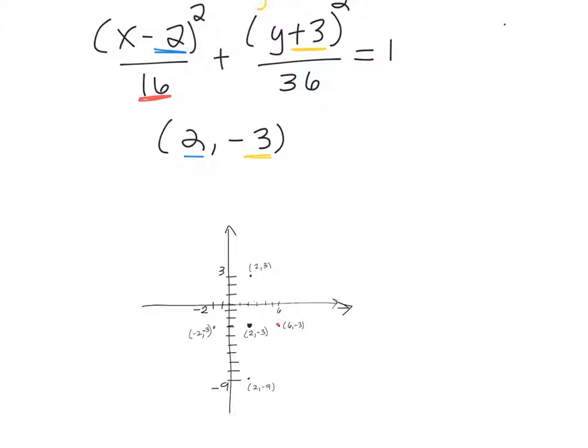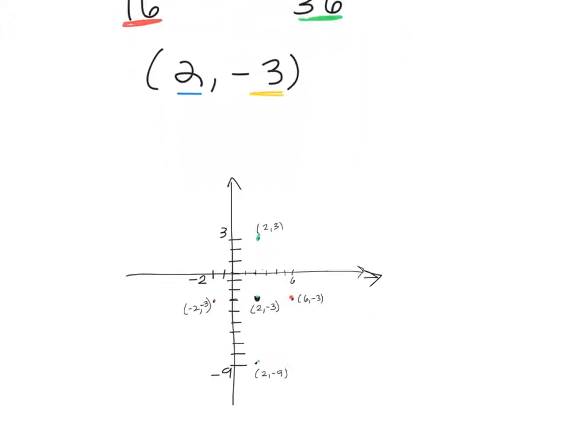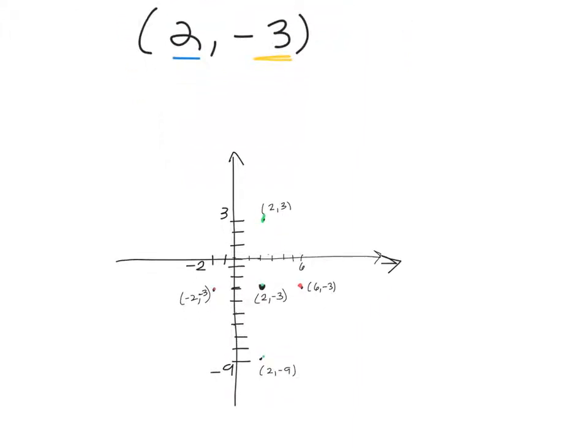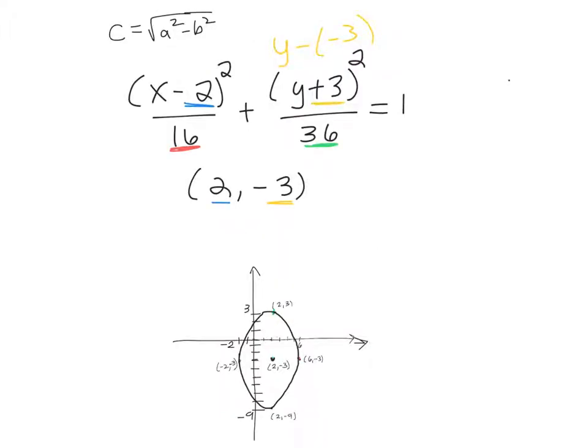Okay, so there's my vertices, and then I'm going to go up and down the square root of 36. So up 6 and down 6. Okay, so there's my vertices, and then I just try and get a somewhat decent looking ellipse as best I can. There we go.